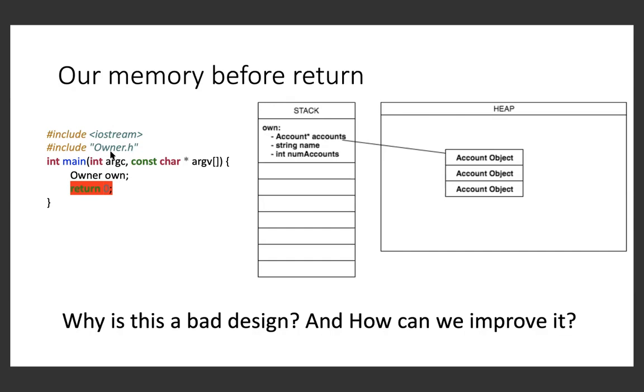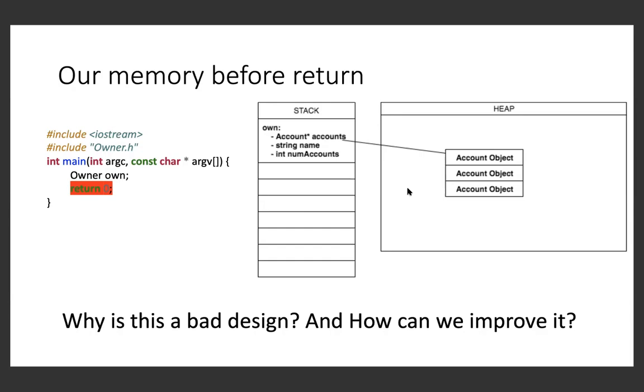But the moment we construct this owner, it might have 0 accounts, yet we are constructing the maximum number of accounts we allow. In this simple example it is 3. But what if the owner can have 100 accounts maximum? Every time we create an owner object, we would be constructing 100 account objects, yet we are not using them. The way we keep track of the number of accounts is with this integer variable, number of accounts. But we are forced to construct the full account objects every time, which makes this a waste of memory.